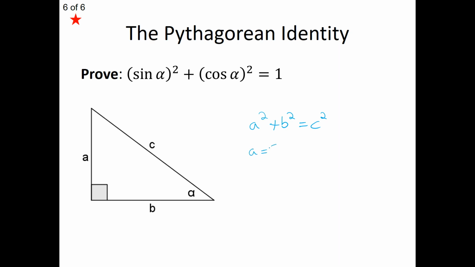Is there another way that you can represent side A? Is there another way you can represent side B such that they are related to the trig ratios of sine and cosine? Because if you can find a relationship between side A and side B and sine and cosine, then use those relationships and pop them into the Pythagorean theorem and watch what unfolds.